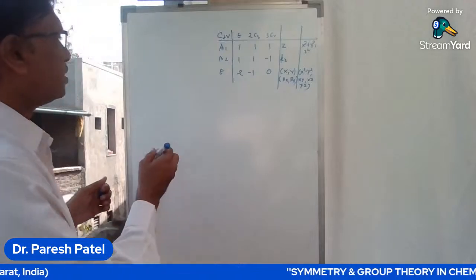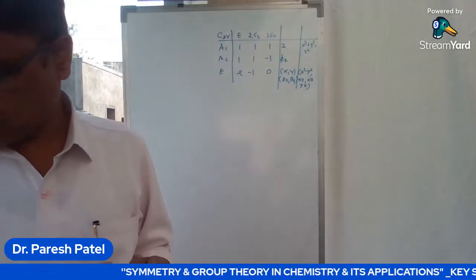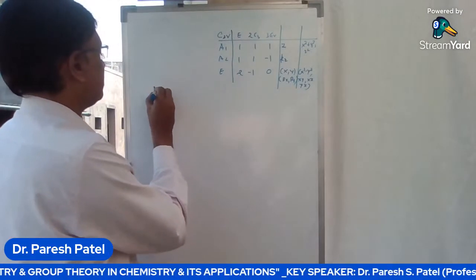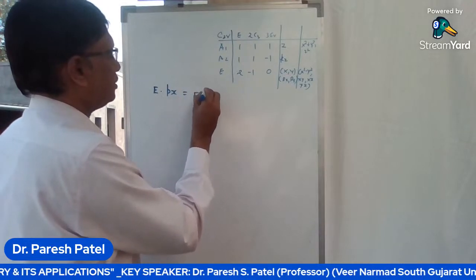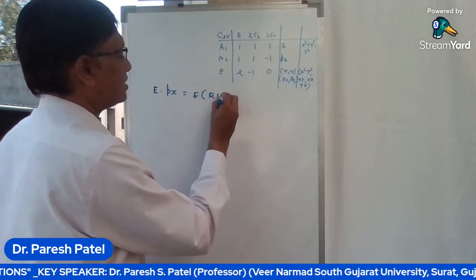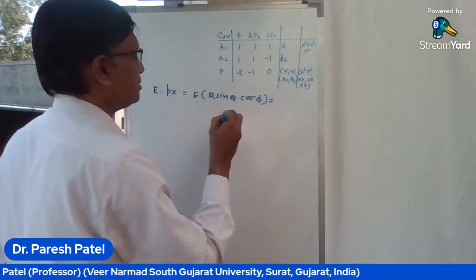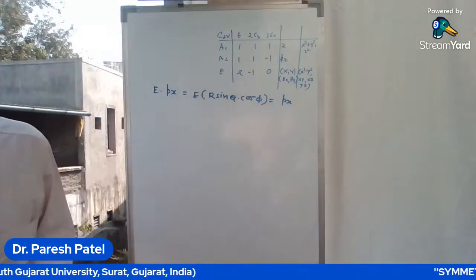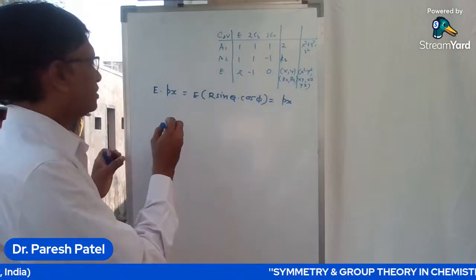Now the contribution from the p orbital. Suppose the first ones are px, py, and pz. E into px, E into r sin theta cos phi. So there is no change in the dumbbell shape of the p orbital.